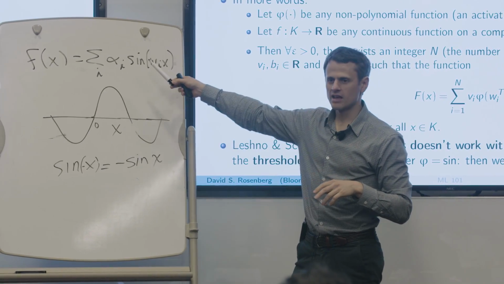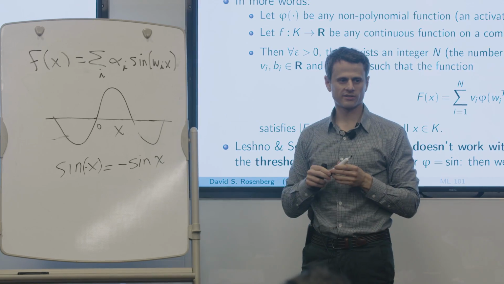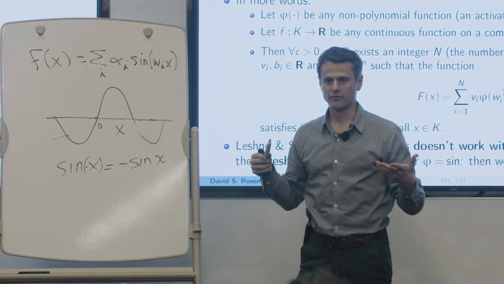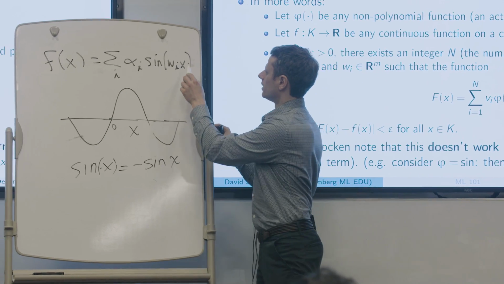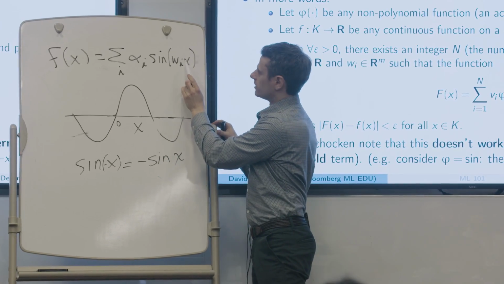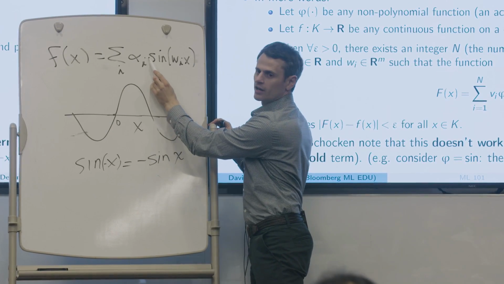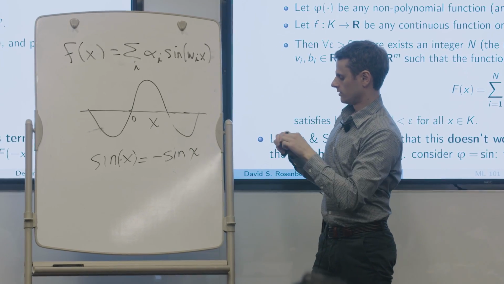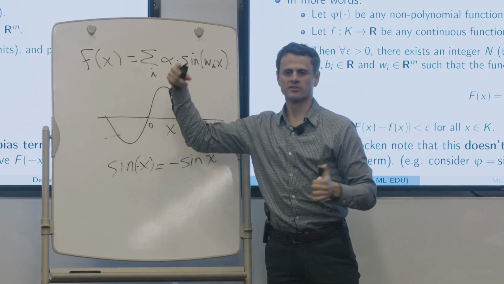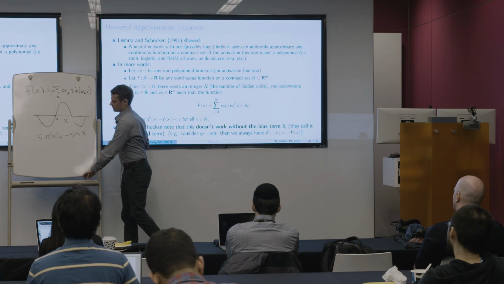I claim that f of x is always an odd function, just as sine of x is, right? If we plug in negative x here, the negative comes outside. And so f of negative x is negative f of x. So what's the point here?